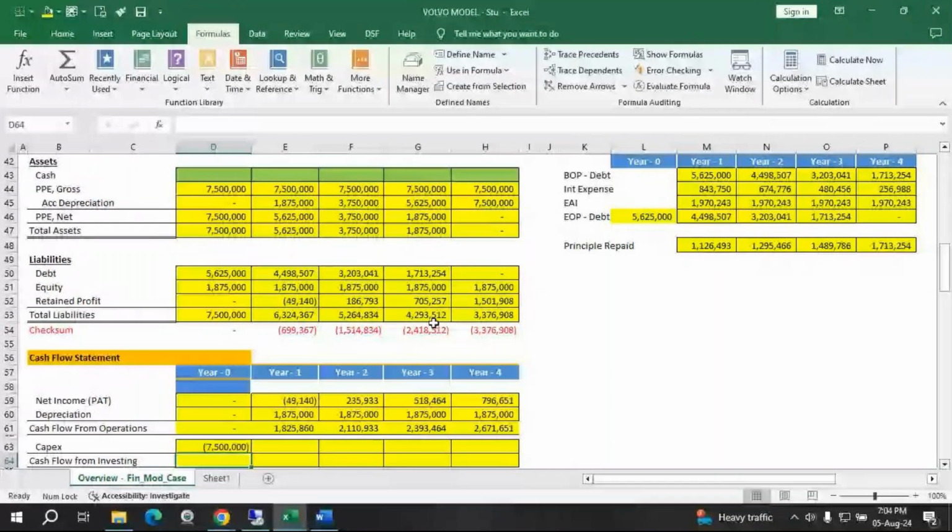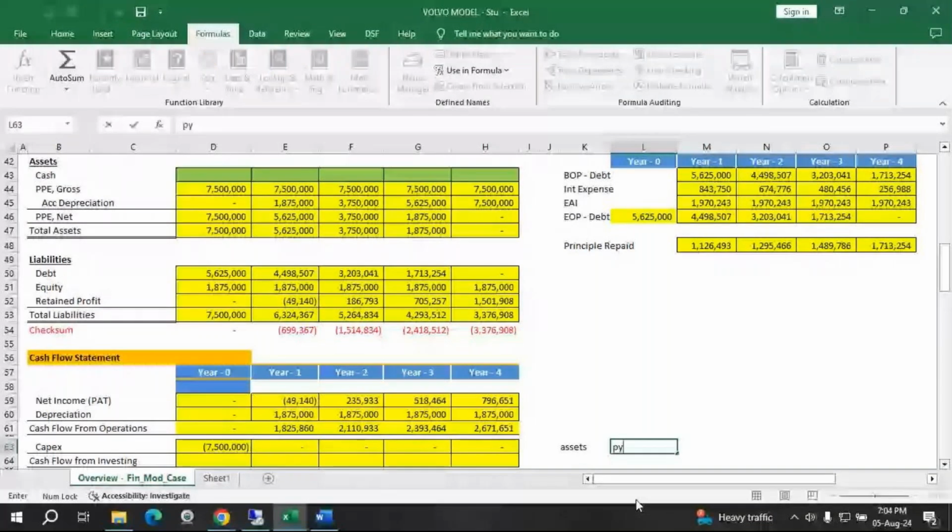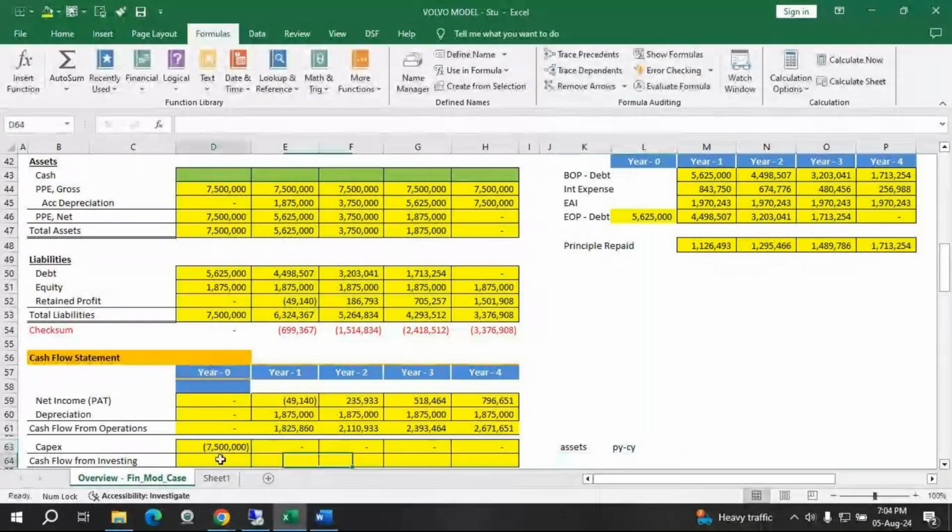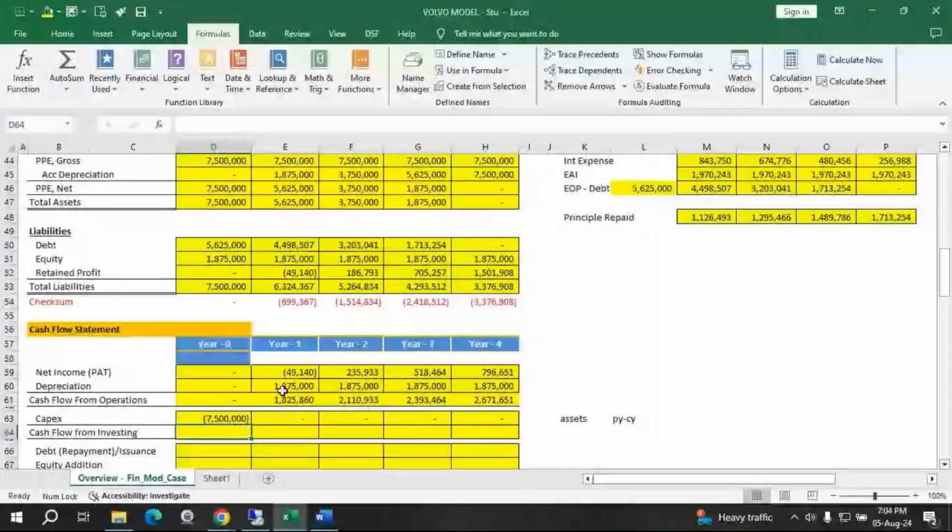I'll come here and drag. This is for the assets, so previous year minus current year. Okay. So cash flow from investing equals sum of this previous year value only I'll take.